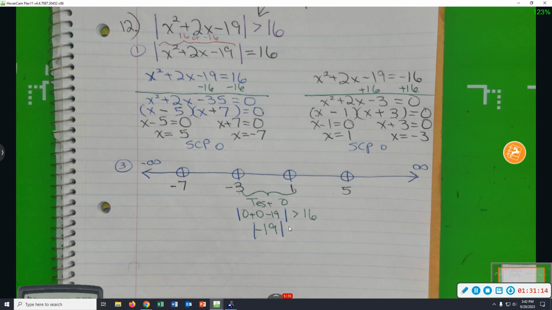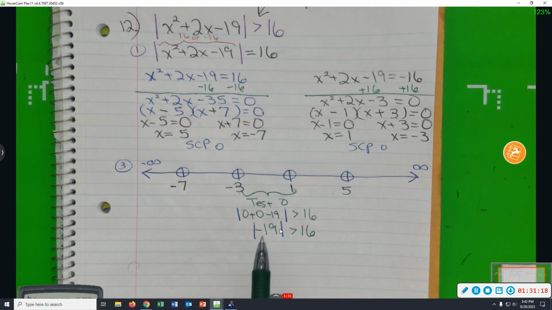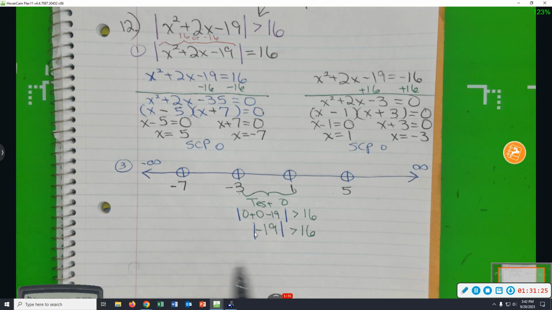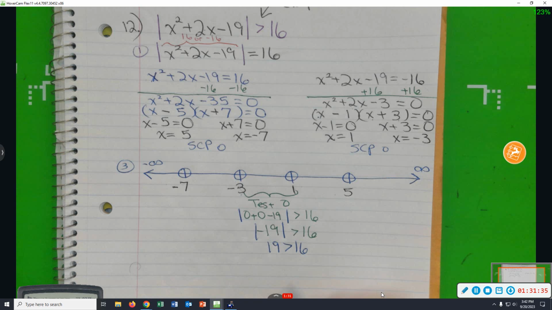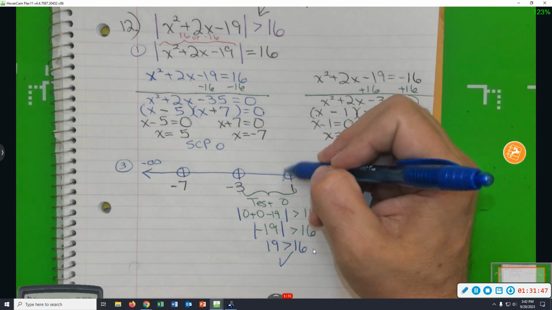Before you can decide between true and false, you better take the absolute value. The common mistake is people say negative 19 is greater than 16, false, cross it out. But wait, you've got to take the absolute value, though. What's the absolute value of negative 19? 19 is bigger than 16. True or false? True. If you're only going to check one interval, you better make sure that you check it correctly. Don't forget to take the absolute value. That's a true statement.